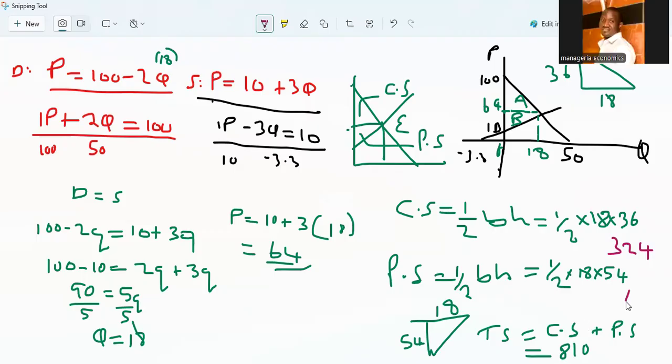So when you add both of them, what do you get? 810. 810. Okay. So that is how we find our total surplus when we add the two. All right. Are we together?